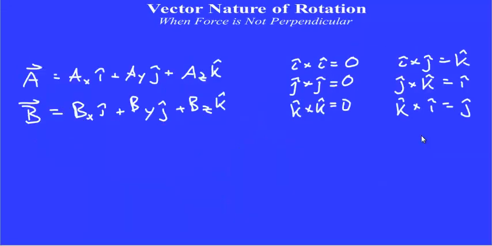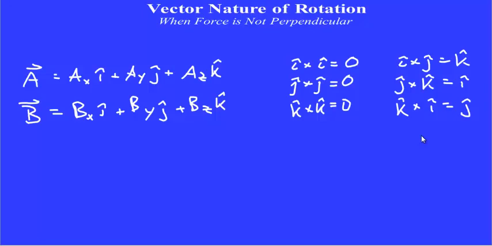I've just written them out by their ijk components, and I've labeled them a sub x, a sub y, a sub z. Basically what you're going to do is multiply every component by every other component. For example, ax is going to be multiplied by bx, by, and bz. But because of the cross product, some of those components are going to go to 0.